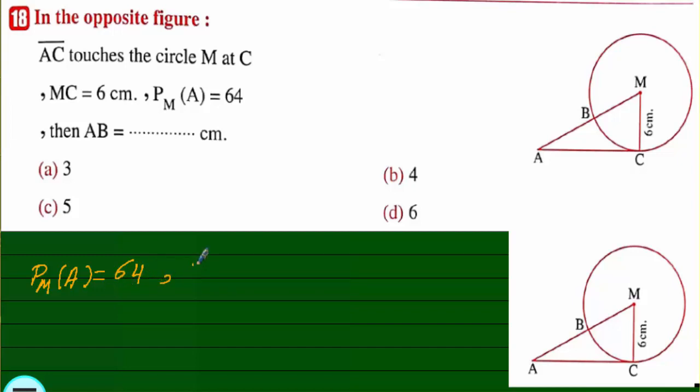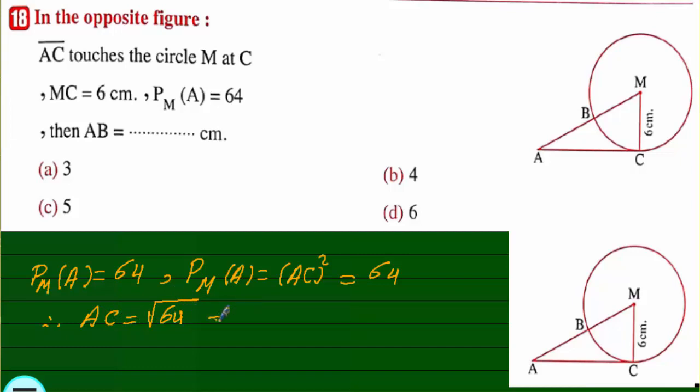And also the power of A equals AC power 2. So AC power 2 equals 64, and then AC equals the square root of 64, which equals 8 centimeters.